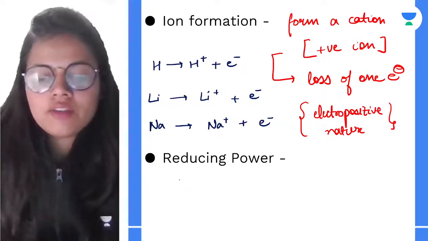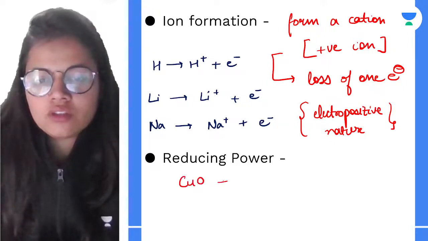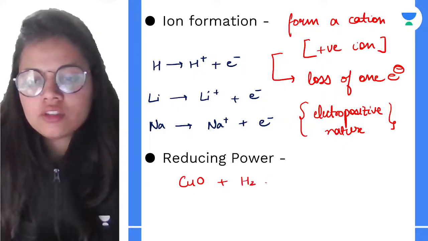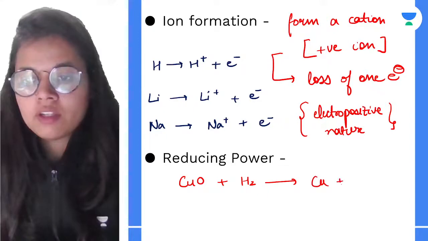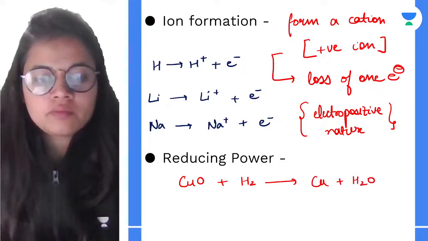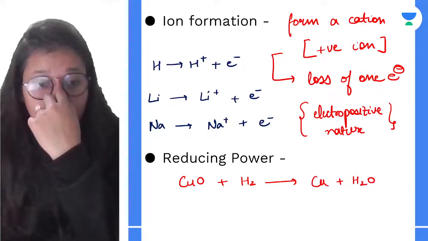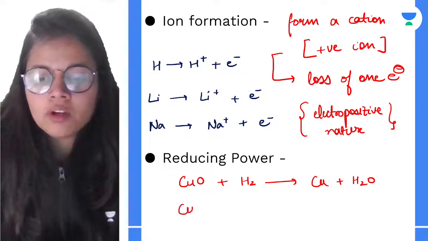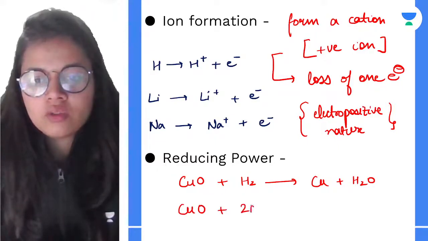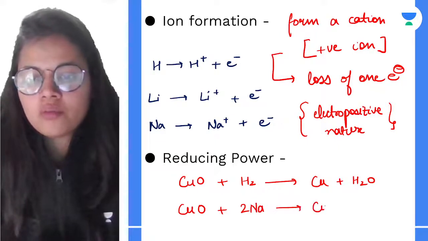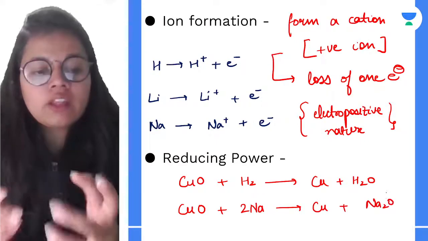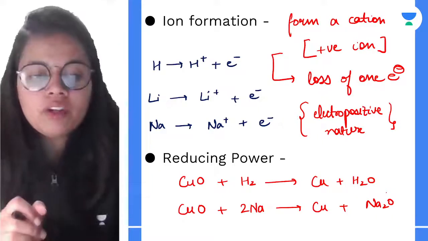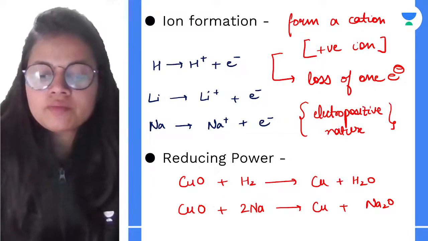For example, in the case of hydrogen, copper oxide plus hydrogen, so it reduces. So what we will have? We will have copper plus water. Next, if I talk about copper oxide again plus sodium, it will again form copper. So it is reducing. They are showing similar behavior over here also.